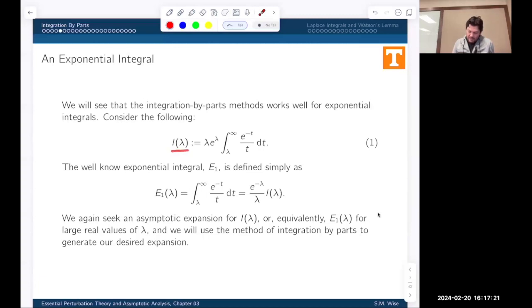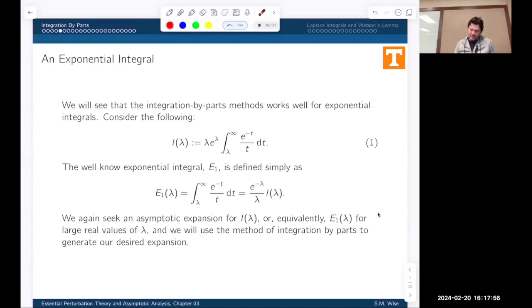I of lambda equals lambda e to the lambda times the integral from lambda to infinity of e to the minus t over t dt. You'll see that the method of integration by parts works best whenever the lower limit of an integral is that large parameter I'm dealing with. And these exponential integrals turn out to be a really good application of this integration by parts method.